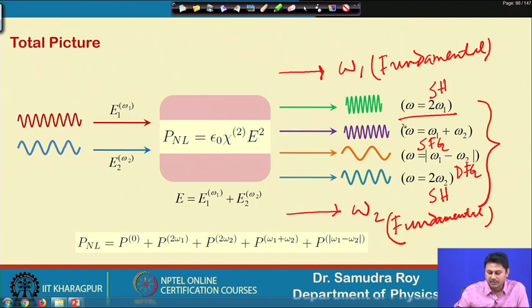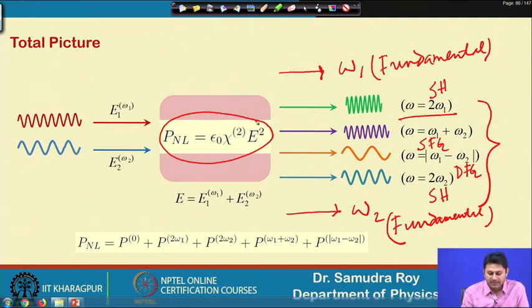So, in total there should be 6 different frequency components when we deal with this nonlinear polarization, and using very simple mathematics, we can figure out which frequency components can be generated. And that is why, as I mentioned in the previous class, this scalar form is very important. In all the cases I invariably use the scalar form.